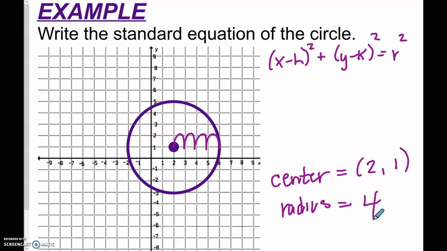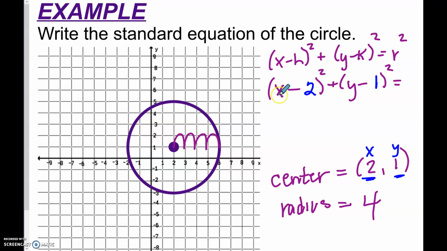So now I can go into this equation and fill in x minus and y minus. I'm going to fill in my points here. This is my x, so I'm going to plug in a 2, and this is my y, and that's a 1.